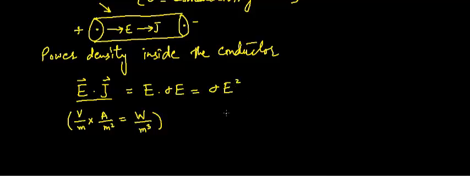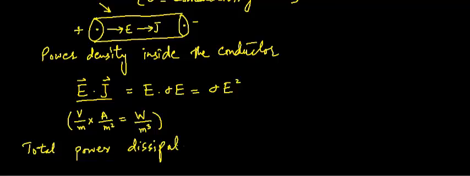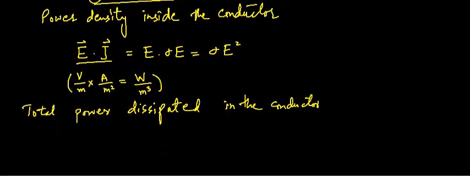This was for a differential volume, but now if you want to find out the total power dissipated in the conductor, it is found by integrating the power density over the whole volume.